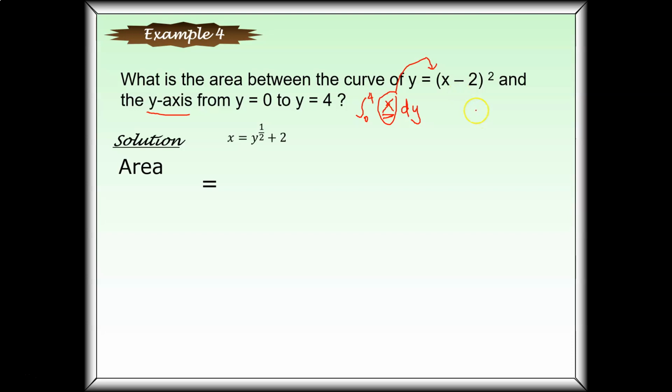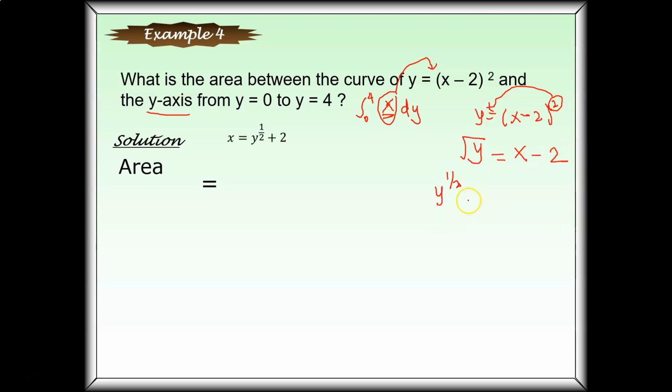Since on the right hand side it was squared, when brought to the other side it becomes a square root of y, so what remains is x minus 2. This square root of y can be written as y to the power of half.